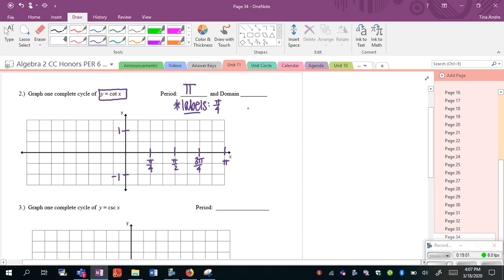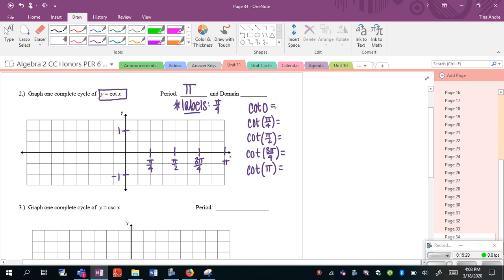And now what I need to do is come up with those values. So cotangent of 0, then we're going to find cotangent of pi over 4, cotangent of pi over 2, cotangent of 3 pi over 4, and cotangent of pi. So for these, think about your reciprocals.